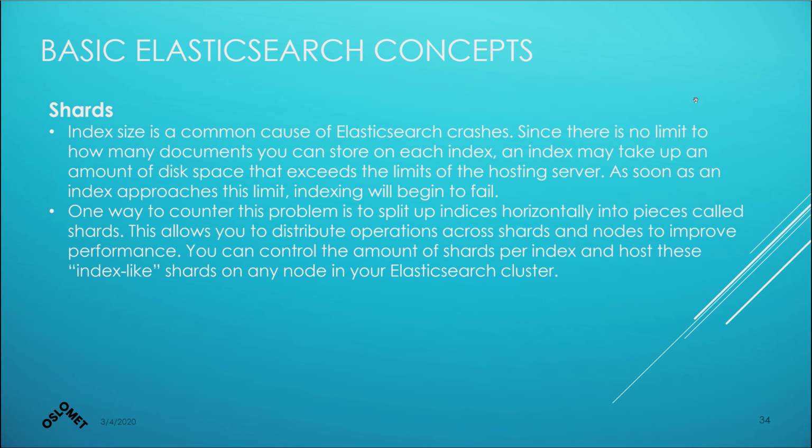So that can become exceeding after some time of collecting data, and you're running out of disk space, etc. To make this more convenient, you need to split this into pieces. So you have some sort of horizontal scaling, and these pieces are called shards. They are kind of like sub-indexes, if you will.